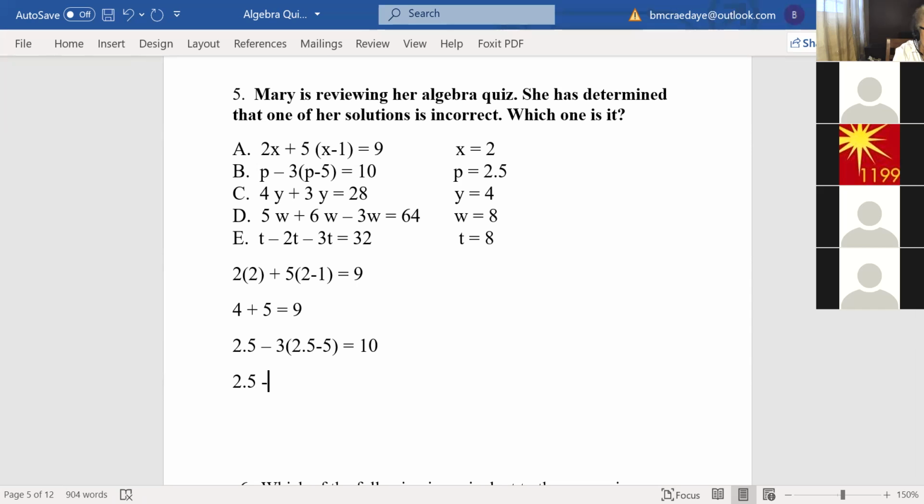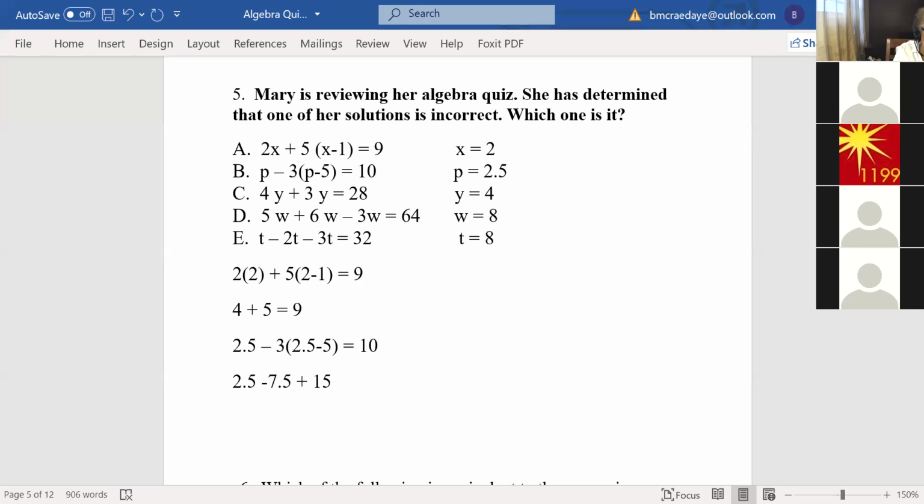Now 3 times 2.5 is 7.5. And what's 3 times minus 5? Minus 15. Minus 3 times a minus 5 is a plus 15. So that's plus 15.